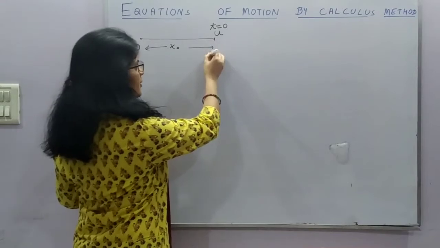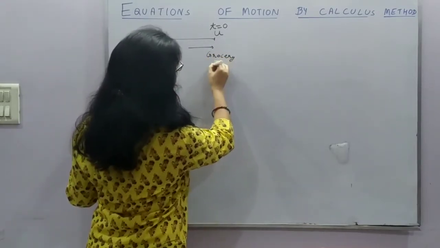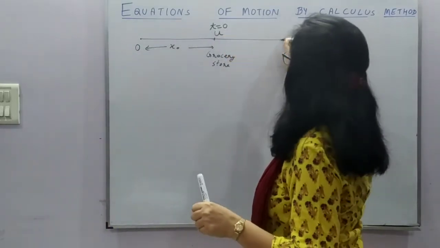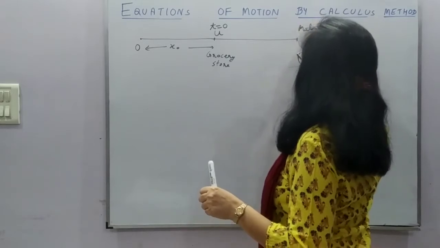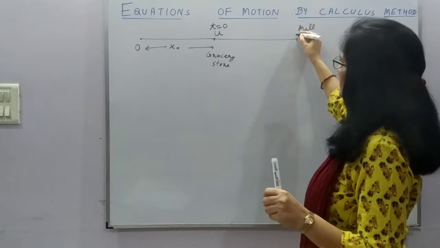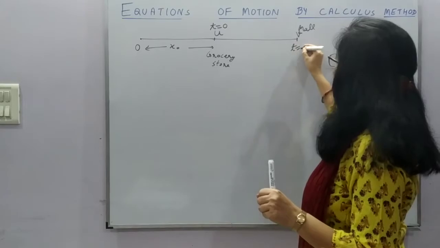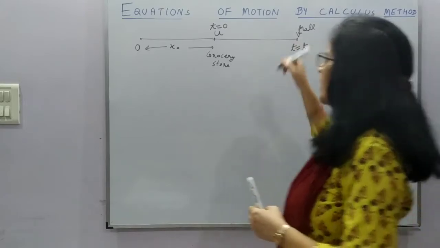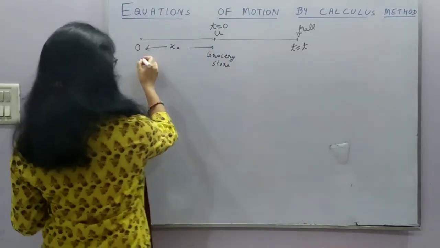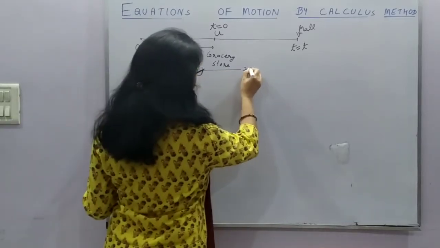Suppose this is your grocery store, and then we considered that you kept on moving on the straight line to reach a mall. Not reach a mall, you are crossing that mall, I would say, because you are still having that particular velocity v at that time when the time elapsed is t, right? And at this position, its position with respect to the origin is considered as x.